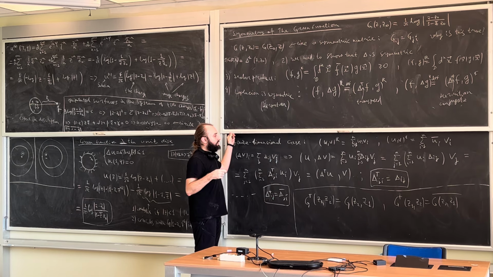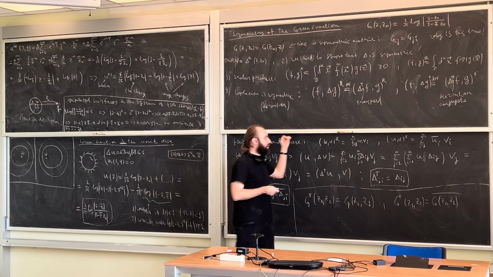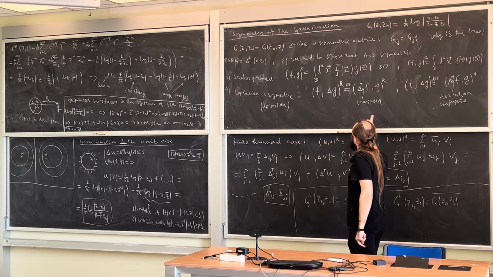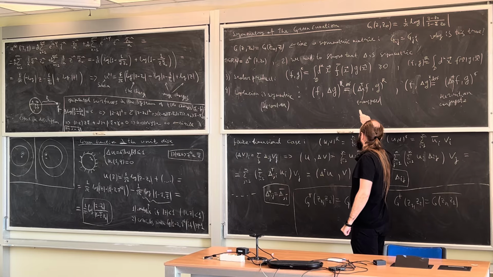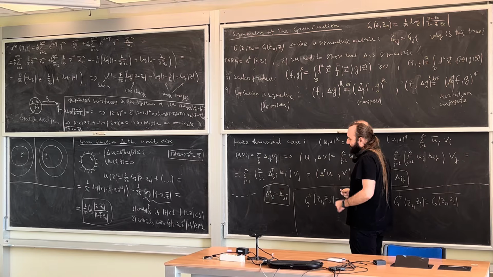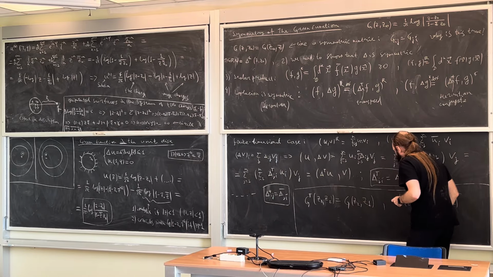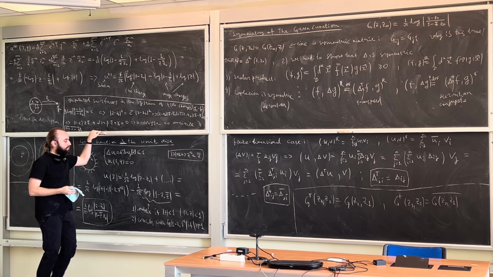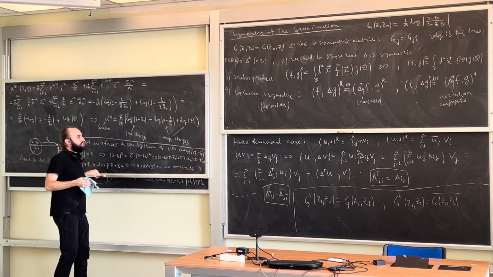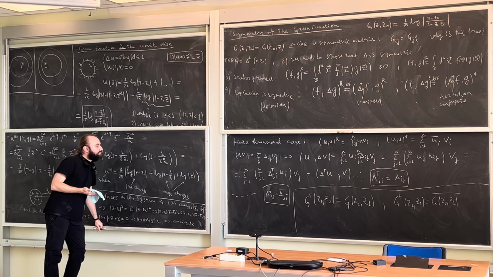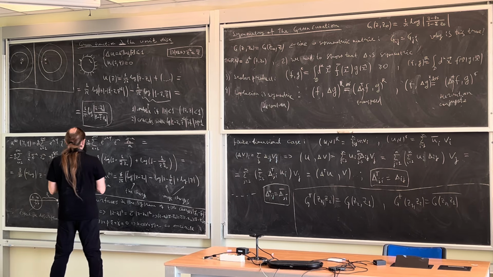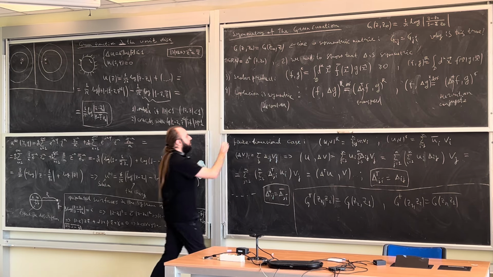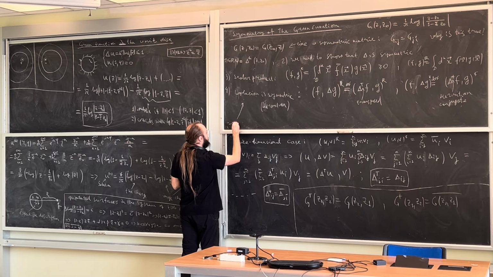Okay, so we understood that this transposition does this, and we need to check why a Laplace operator is symmetric. Or if it is not naively symmetric, then what do we need to do to make it symmetric? So we need to prove this.